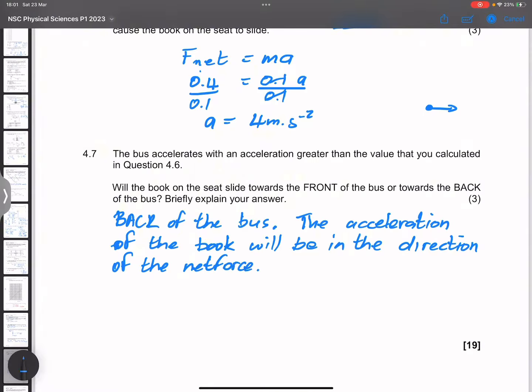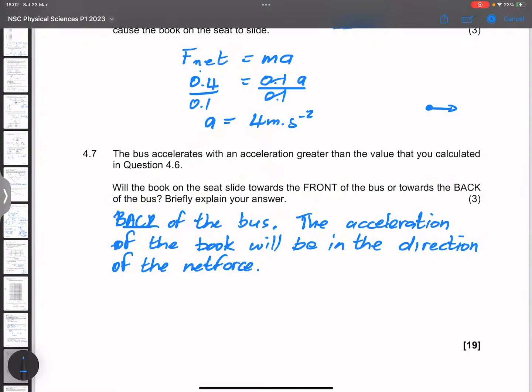We can also state that if you think about the law of inertia, that's Newton's first law, if I'm accelerating forward, what happens? Because of inertia, I'd want whatever object to tend to move backwards. But because of Newton's second law, it will actually accelerate backwards. So it will definitely be to the back of the bus because the greater force is towards the back.